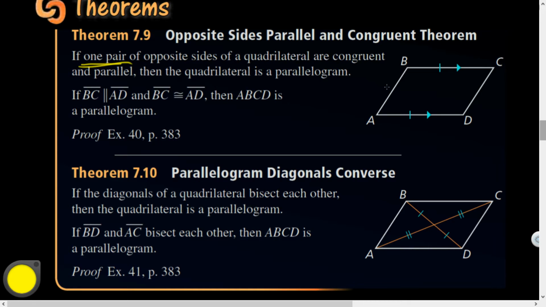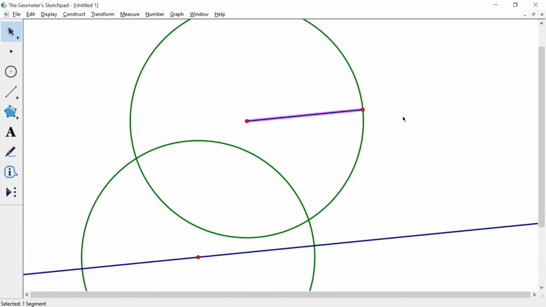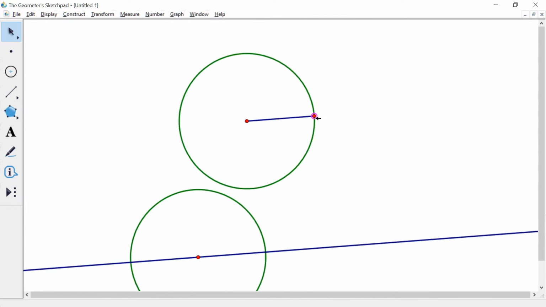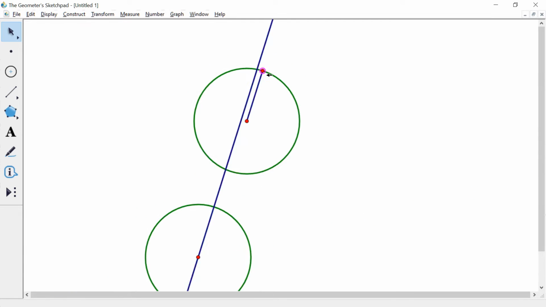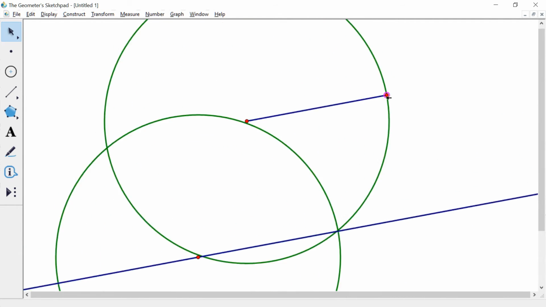I think I've got this partially set up in Geometer's Sketchpad for us. What I've done here is I created a segment and then a point and a parallel line through that point that's parallel to that segment.